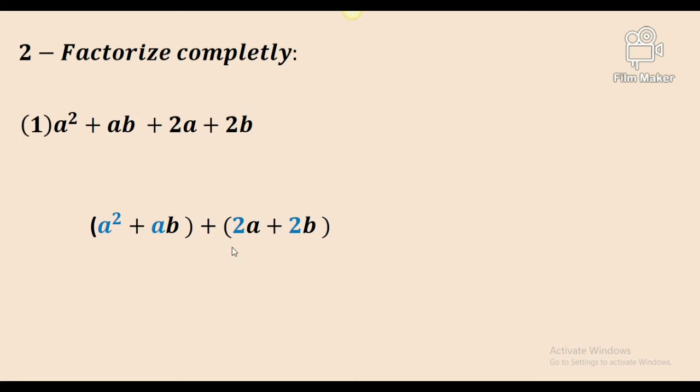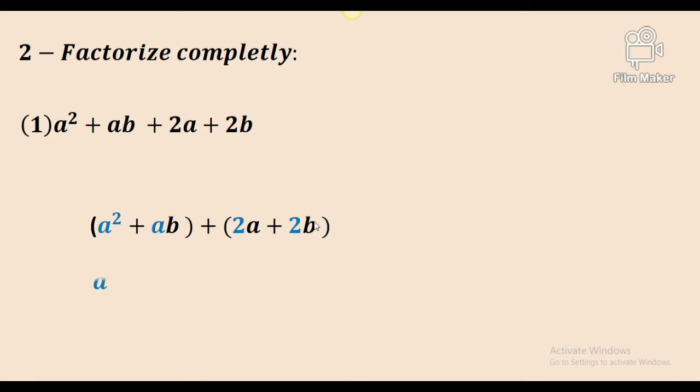But here is a only and here is a power 2. So which one will we take as a common factor? A power 2 means a times a. So I have to take the factor with the smaller power. You have to take the factor with the smaller power.